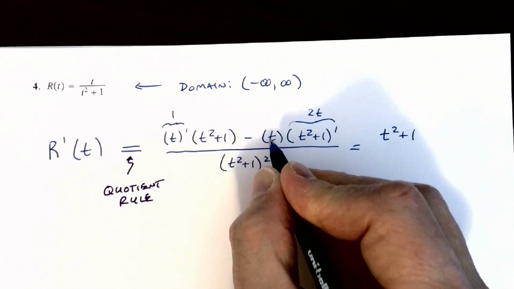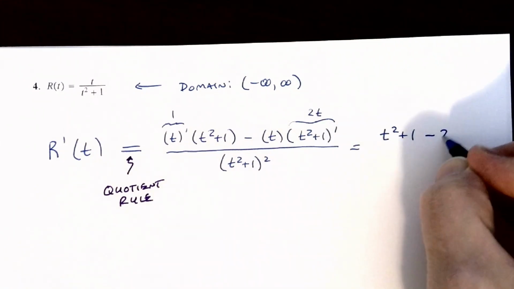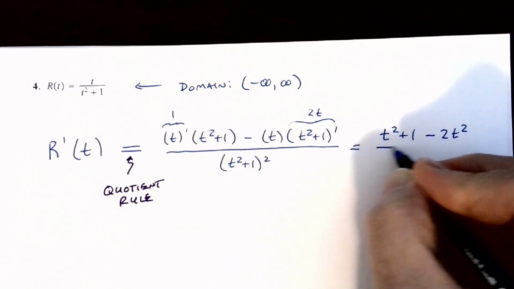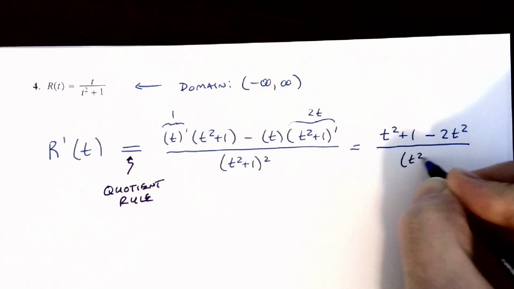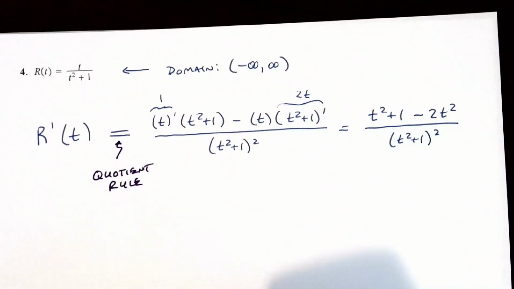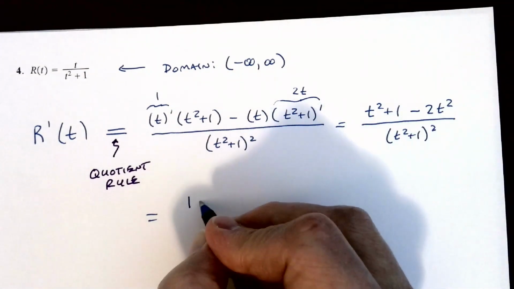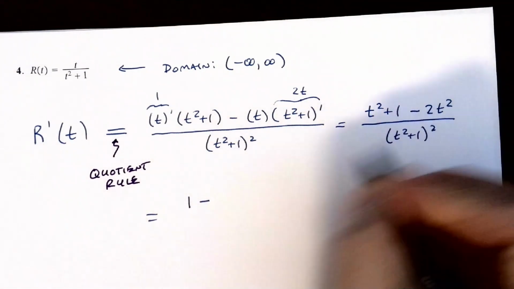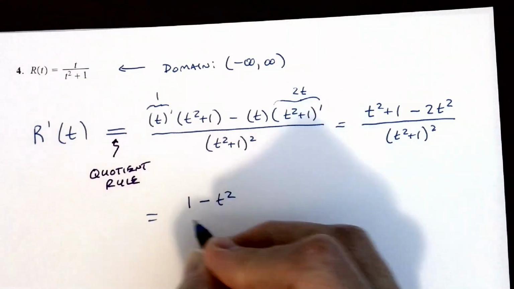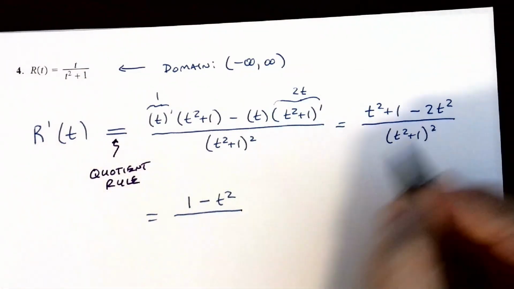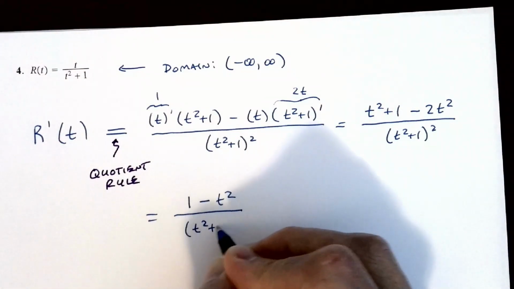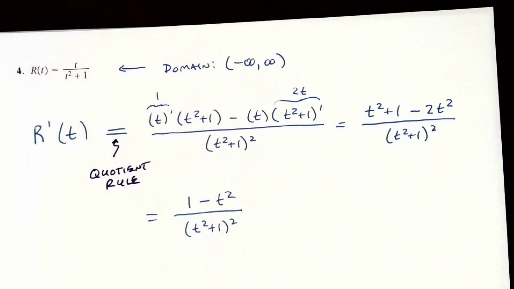Now be careful, minus t times 2t is minus 2t squared. And t squared, I get 1 minus what? T squared minus 2t squared is minus t squared. Negative 1t squared, so I'll just rewrite it that way. There's my derivative.